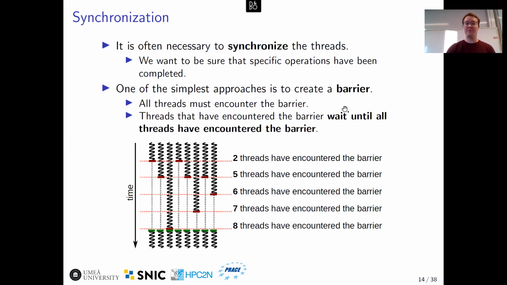All threads are supposed to encounter the barrier, and all threads will wait at the barrier until all threads have actually encountered it. So in this example, we would have 4 threads that individually start encountering the barrier. And every time they encounter it, if there are still threads that haven't done so, they will just wait until the last thread encounters the barrier. And after the barrier, all threads are free to move on with their execution.